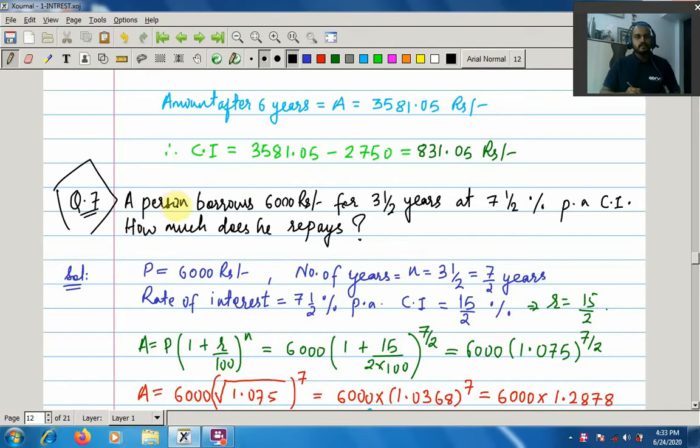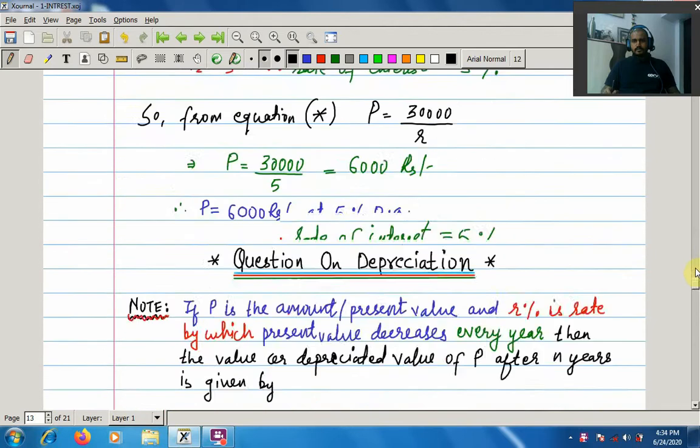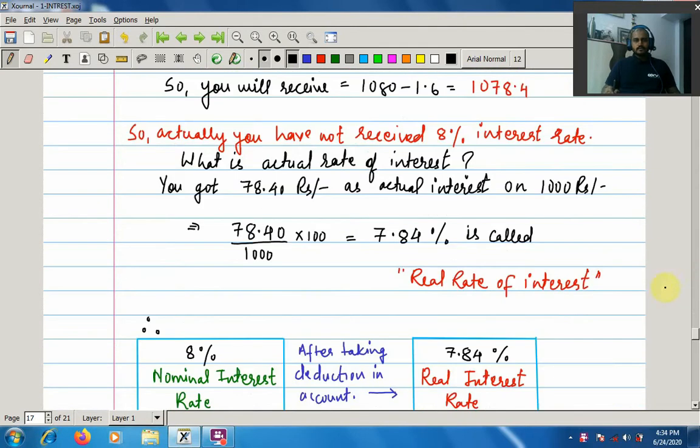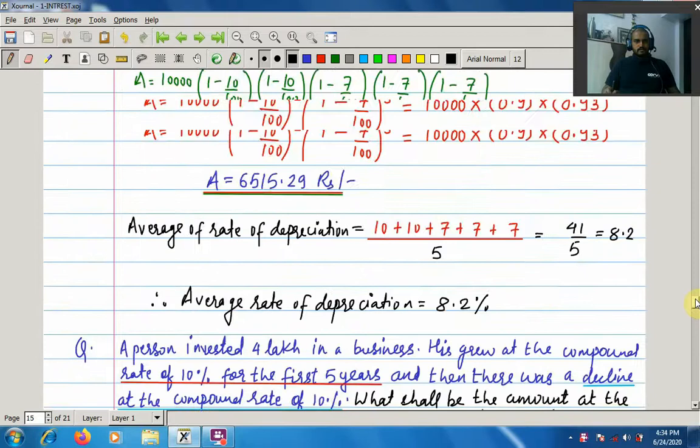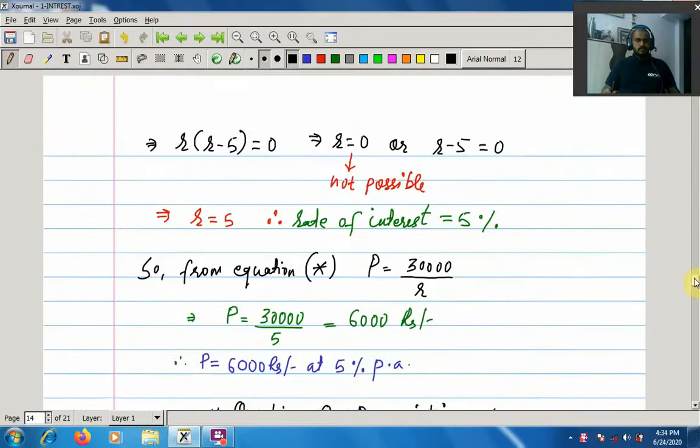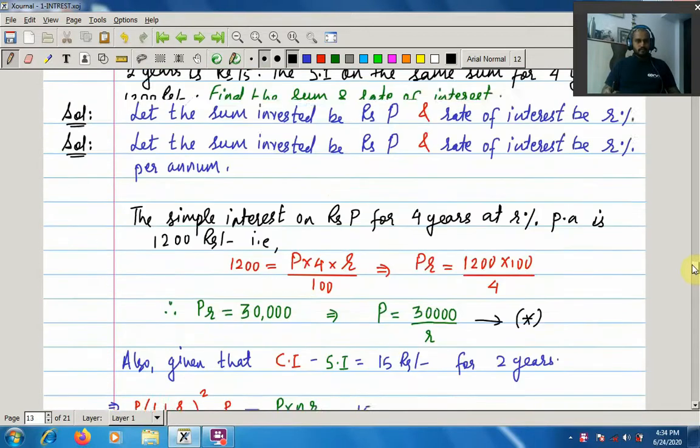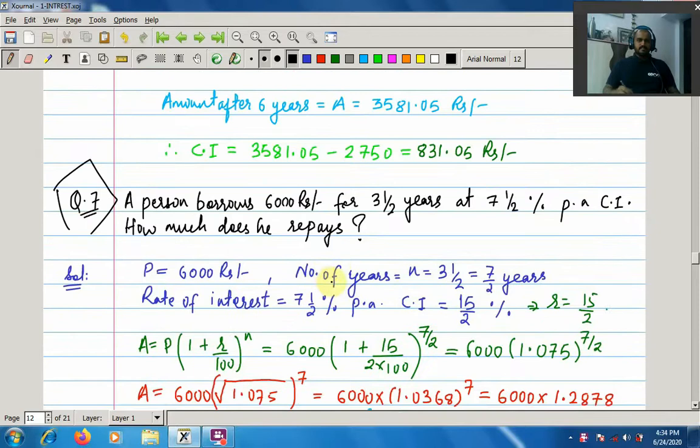In this third lecture, we will see a few examples on compound interest and the next topic, which is effective rate of interest and nominal rate of interest. So let's go back and begin from question number 7.